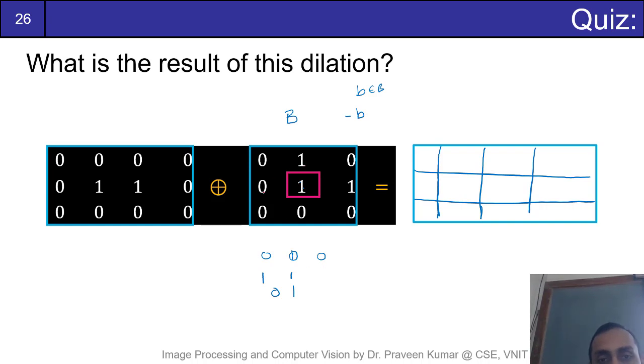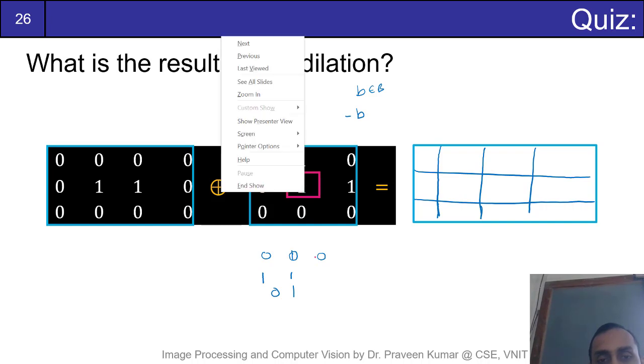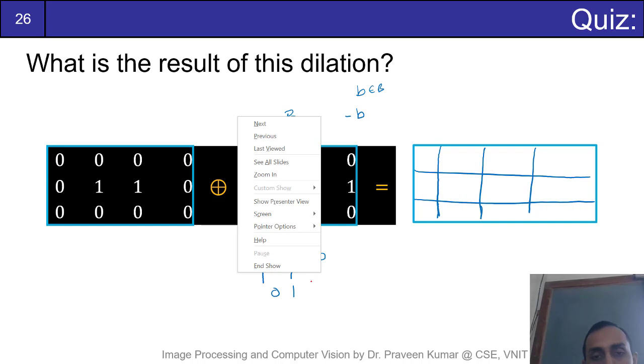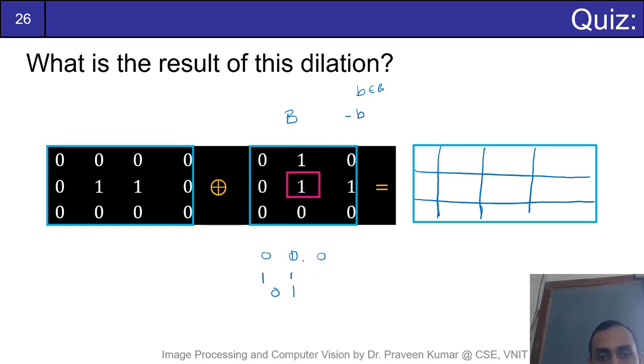This one is going to come here, this one is going to come here, this one will stay here. So this will be your reflected set.